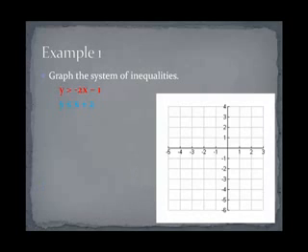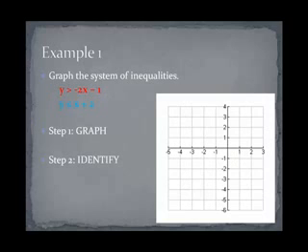The first example we have is to graph y is greater than negative 2x minus 1 and y is less than or equal to x plus 2. So, when we do this, we want to keep our key concept in mind. So step one, we're going to graph both of these inequalities. To graph this, I'm going to graph it like a normal line.